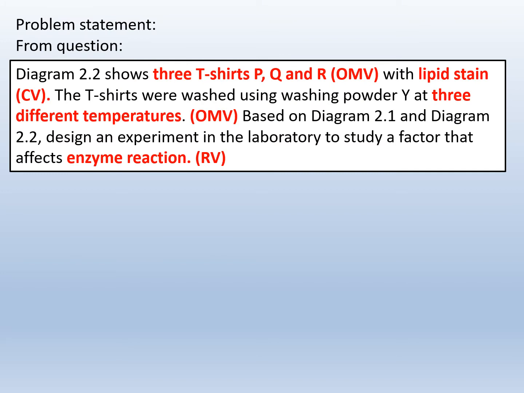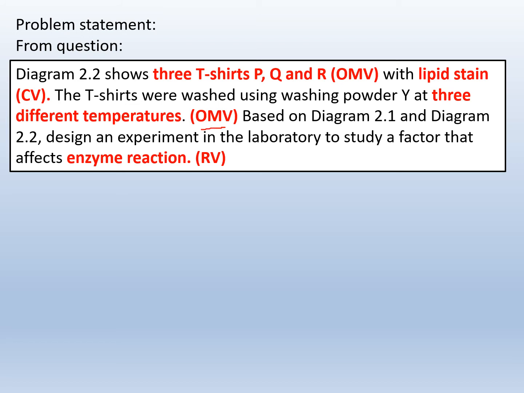Problem statement. This is from the question. Diagram 2.2 shows three t-shirts P, Q, and R. This is the operating manipulated variable. With lipid stains, this is the constant variable. The t-shirts were washed using washing powder Y at three different temperatures. So this is the manipulated variable.